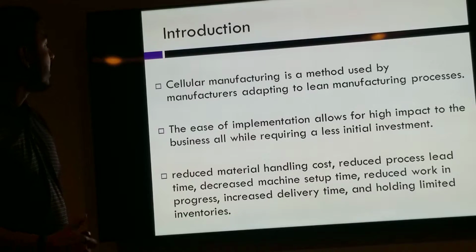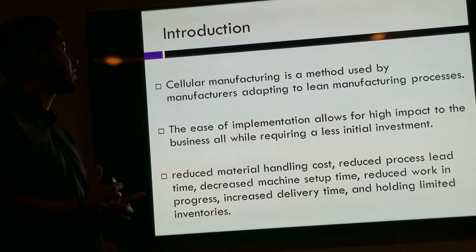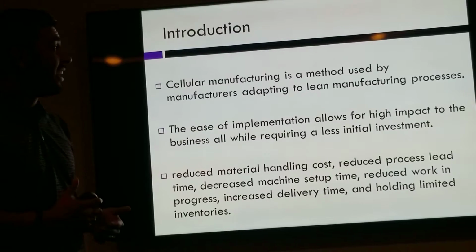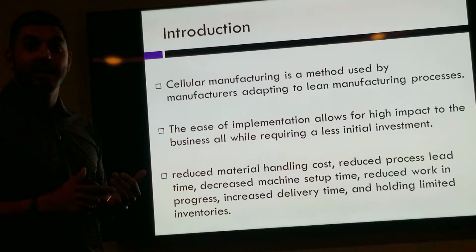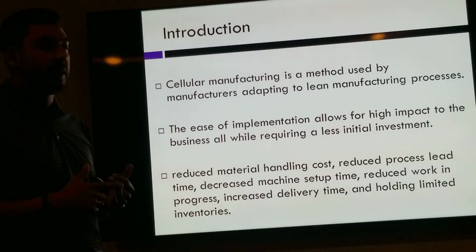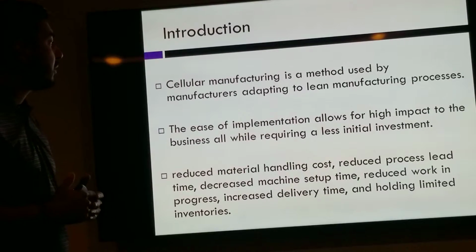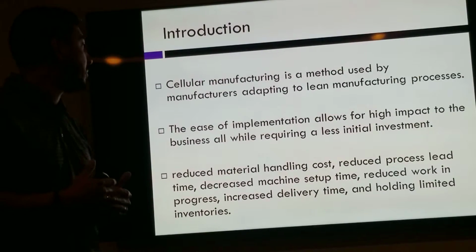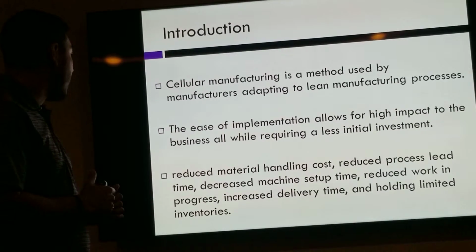So, introduction. Cellular manufacturing is a method used by manufacturers adapted to lean manufacturing processes. Now, this is like companies in oil and gas, automotive, those types of companies. The ease of implementation allows for a high impact to the business without requiring a lot of money up front.